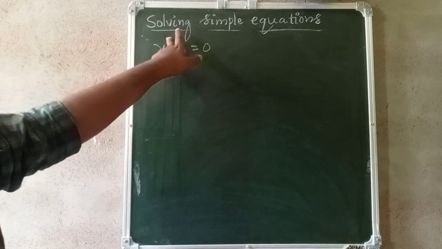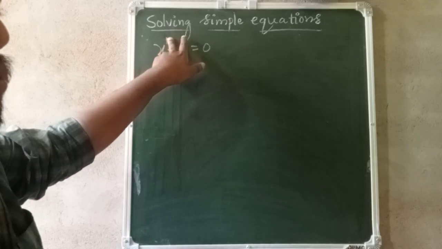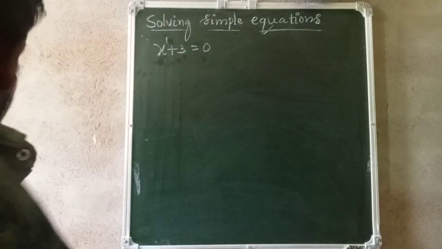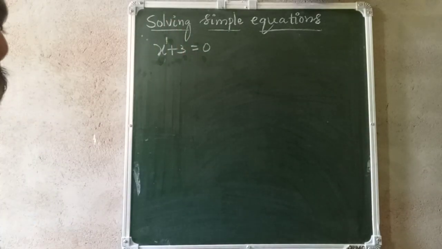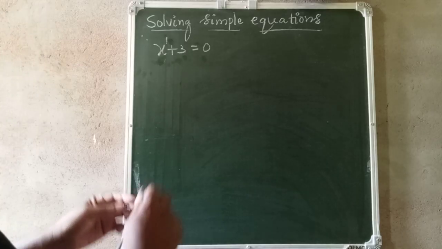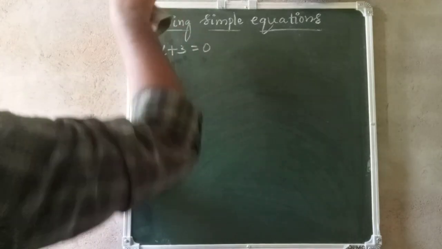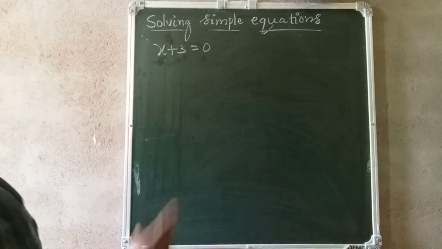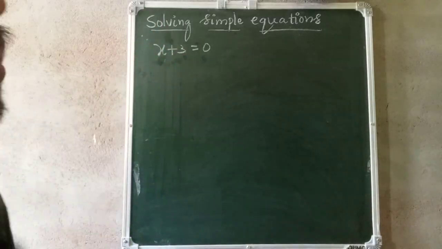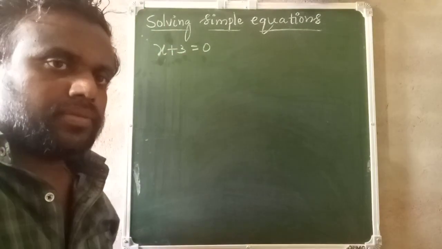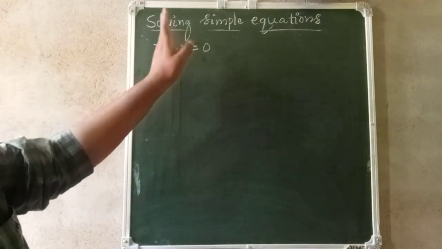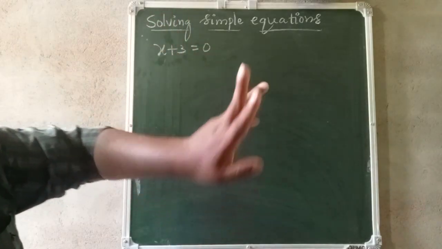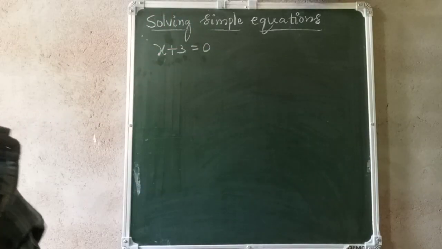I will just erase this one. So if I erase also, we have to assume there is 1. Okay, so I just erased the 1. I already said here nothing is there means 1 is there.